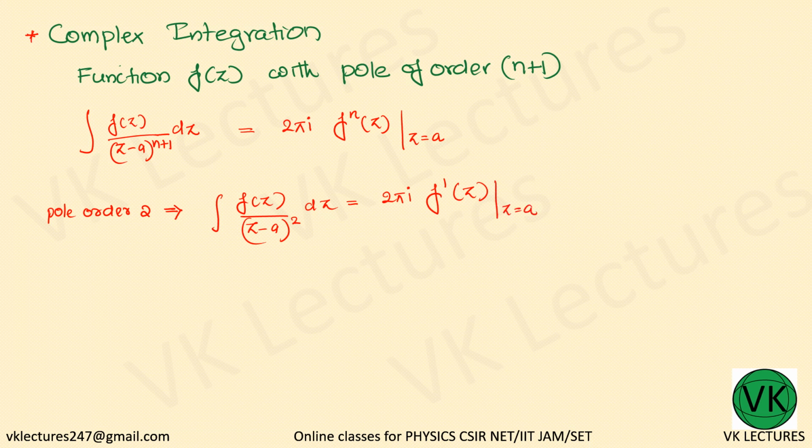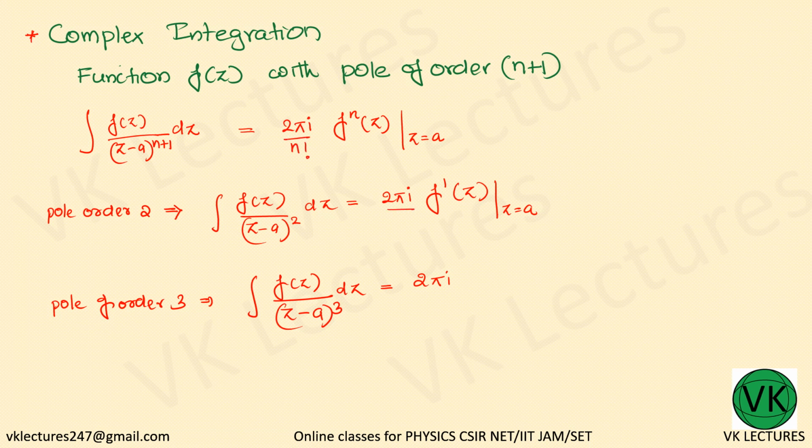And for one more, a pole of order 3, which means the integral of f of z divided by z minus a whole cube dz equals 2 pi i divided by, here we have missed one term, that is n factorial.